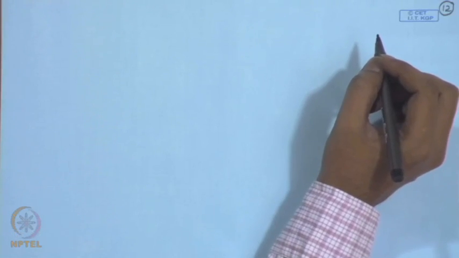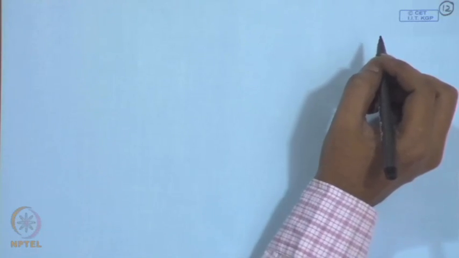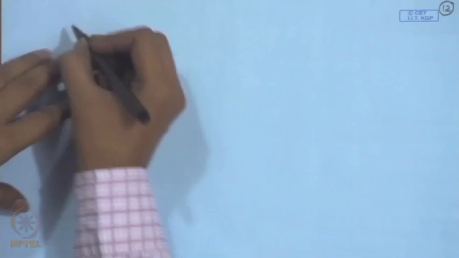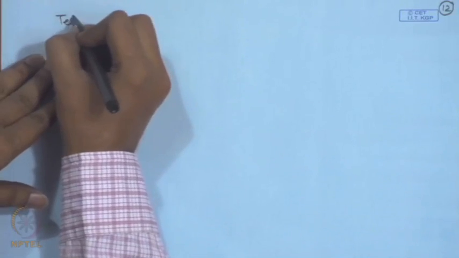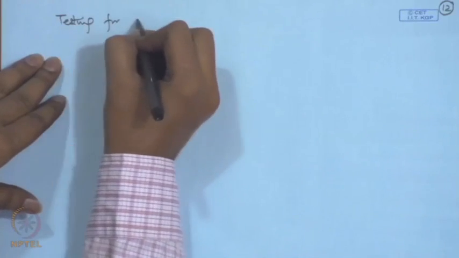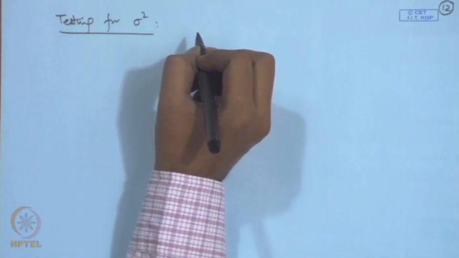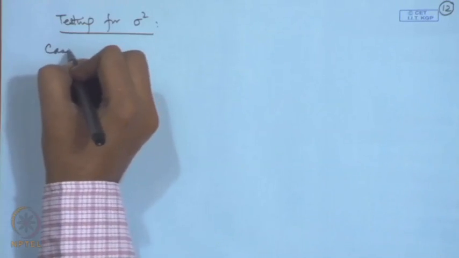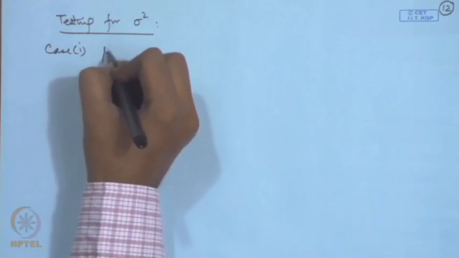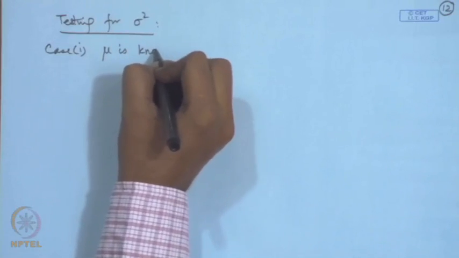Let us also consider the test for sigma square, testing for sigma square here, and again we may have two cases. Mu is known.